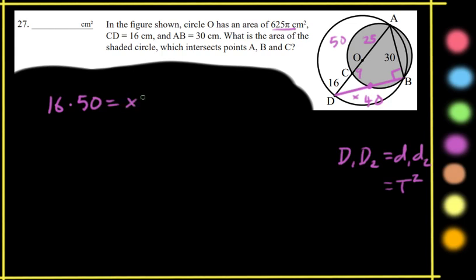So this is x times 40. And we can solve for x just by dividing by 40. That gives us 16 times 5 over 4, which is just 4 times 5, which is just 20. So x equals 20. And if x is 20, that means 40 minus x, this thing over here, is also 20. So this is 20, this is 20.